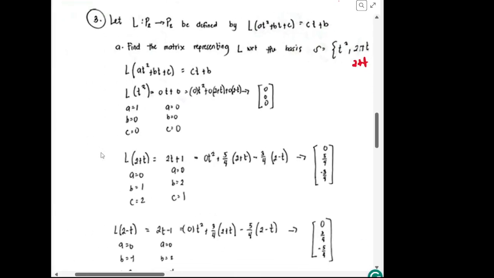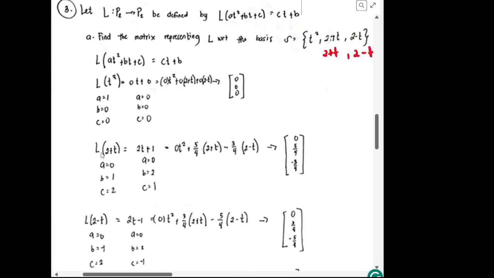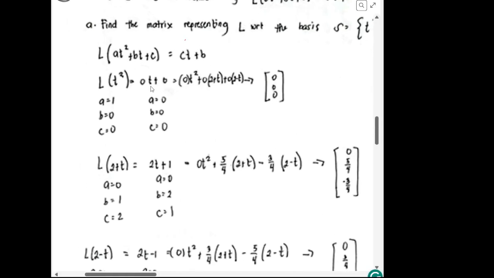Now, as defined in our linear transformation of P2, the a is gone in the transformation. So, that means the a is 0. Clear? Okay. So this is how we're going to deal with this.